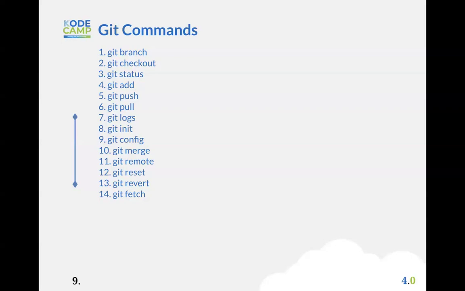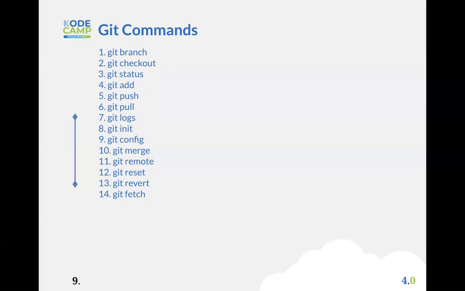Git reset is used to delete changes that have been made within the Git repository, while git revert is used to roll back to a previous change, a particular change. If you want to roll back to a particular change, use git revert.